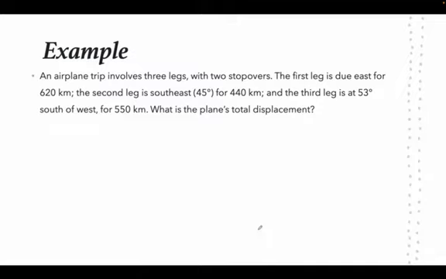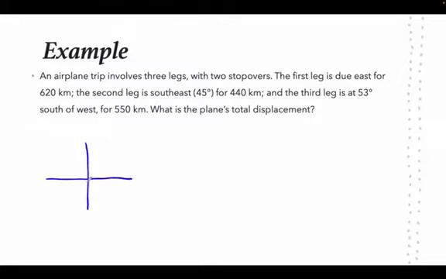All right, welcome back. So an airplane involves three parts. The first is due east for 620 kilometers, so I have to draw my axis here. The first one is due east, this direction, for 620 kilometers, not west.